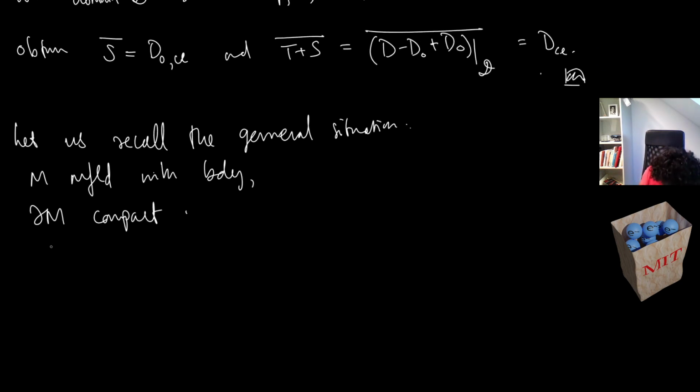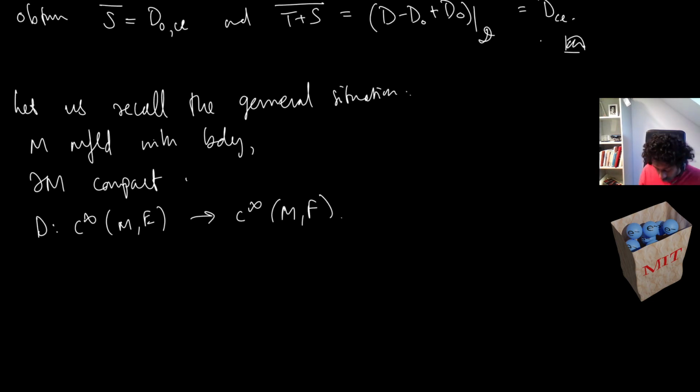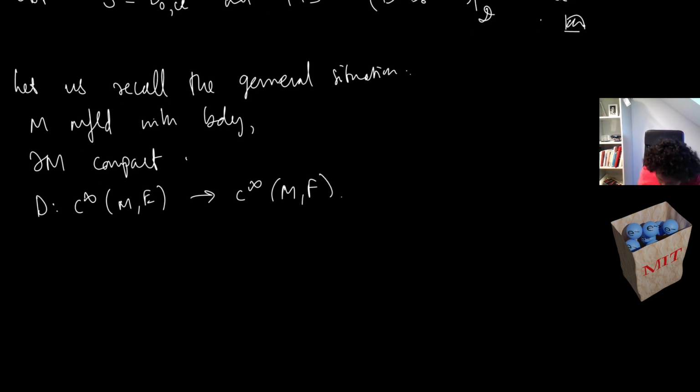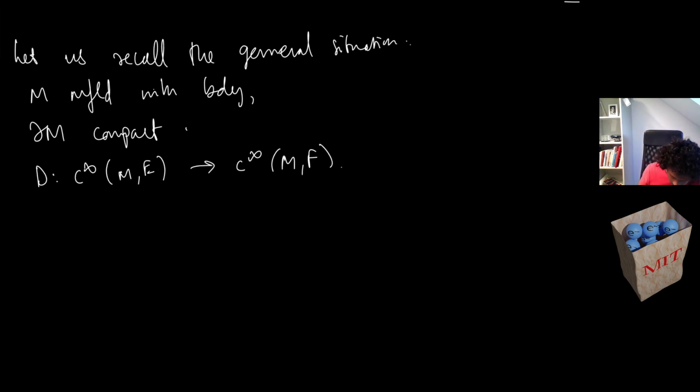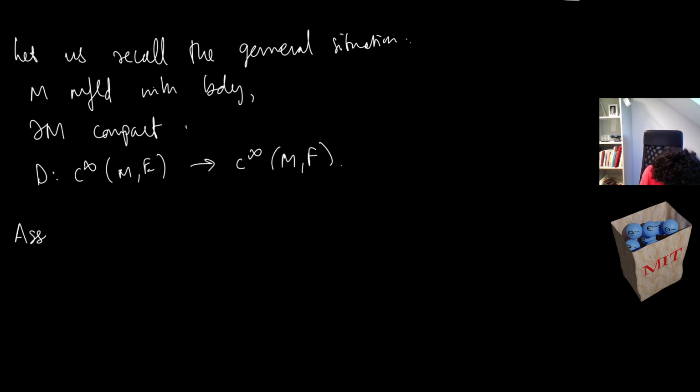And we have this operator, right, that takes us from ME to MF. So this is the general situation that we have. So the point is that the manifold itself may be non-compact. This could be something like an exterior problem that we're looking at, right? So we need to make an additional assumption, right? And here we make this assumption.